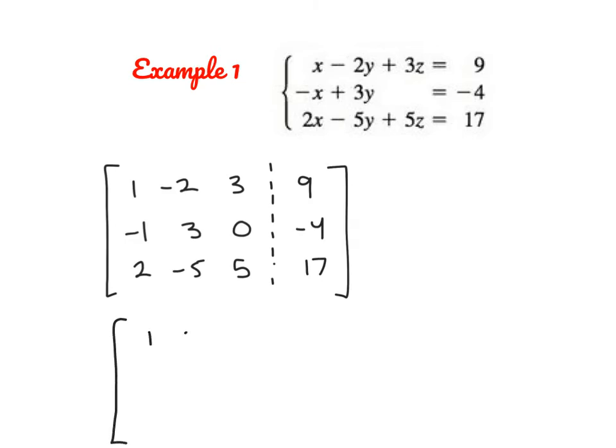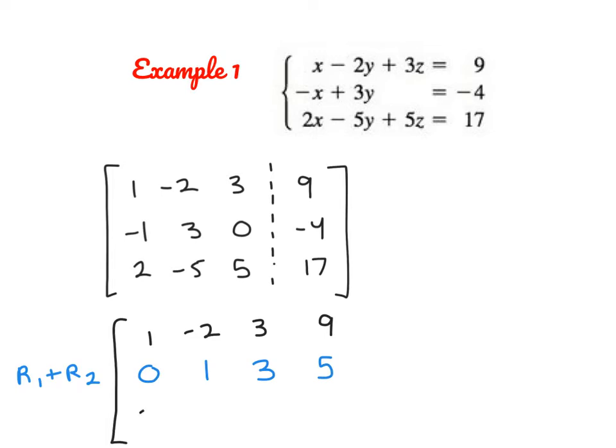We know that our first row is going to stay the same. The operation that we're doing is R1 plus R2, and we write that new row as a replacement in row 2. So I see that 1 plus -1 is 0, -2 plus 3 is 1, 3 plus 0 is 3, and 9 plus -4 is 5.